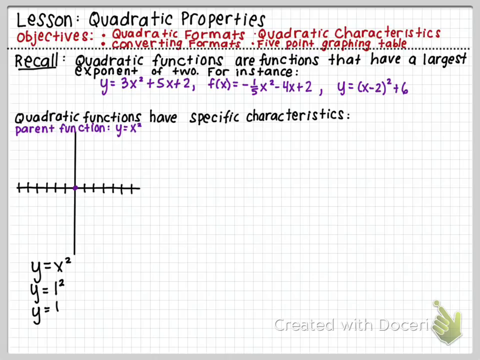So 1, 1. Let's graph that piece. What about if I plugged in 2 for x? Well, 2 squared is 4. So 2, 4.